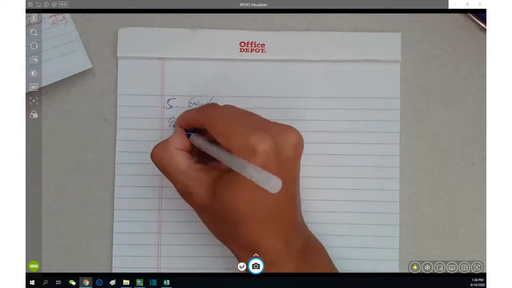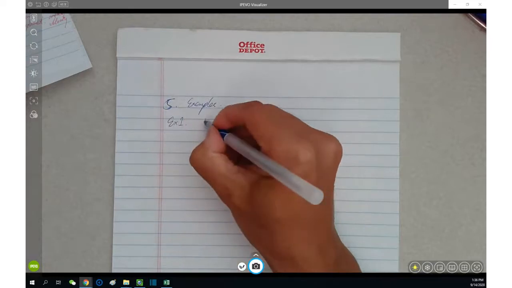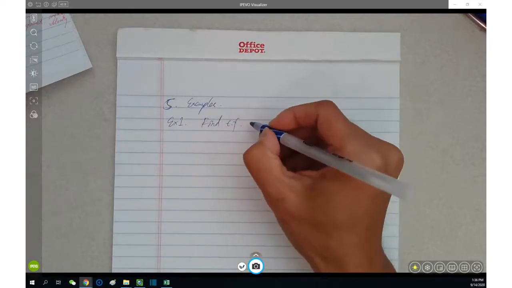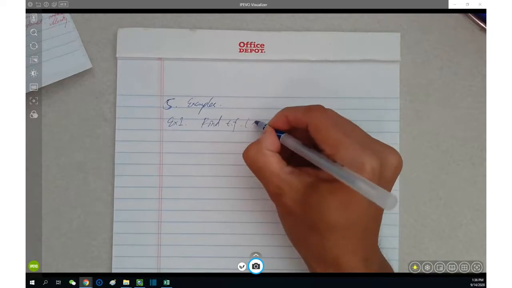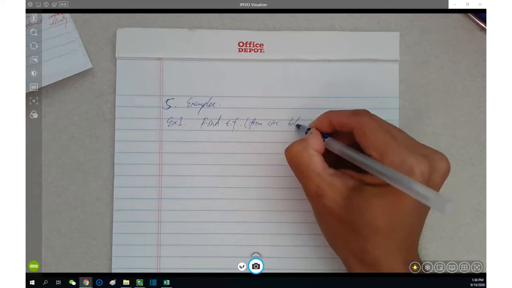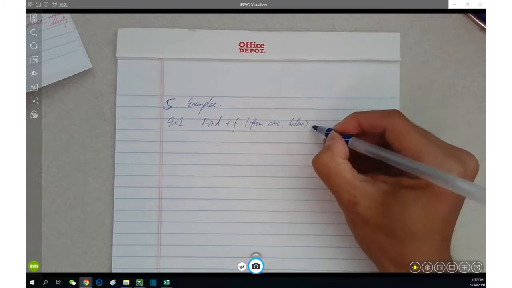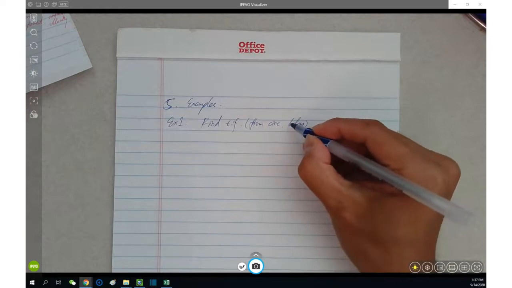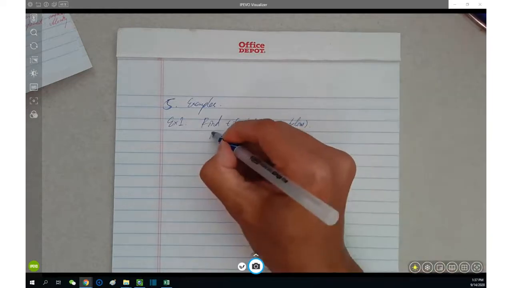Example 1. Let's find the transfer function from the circuit below. Of course, never forget to note who is input and who is output.